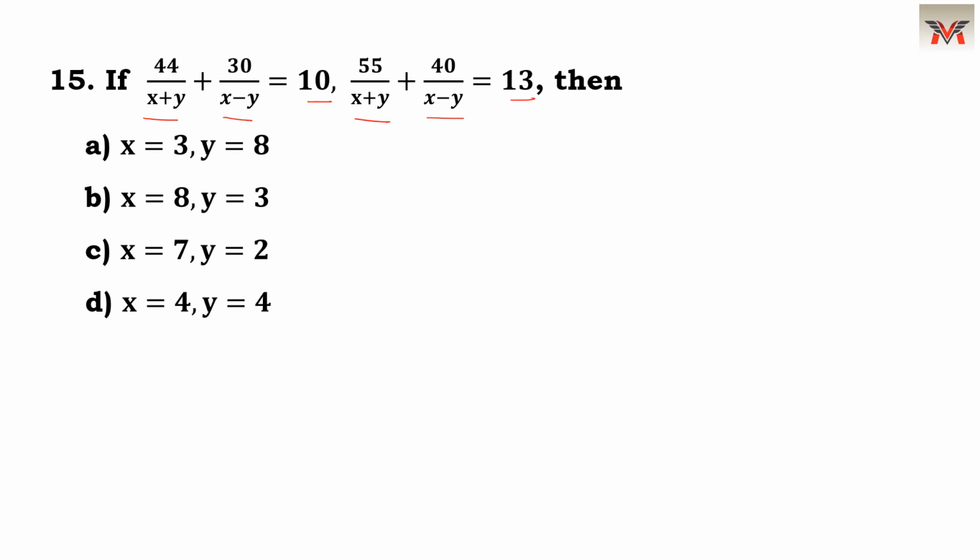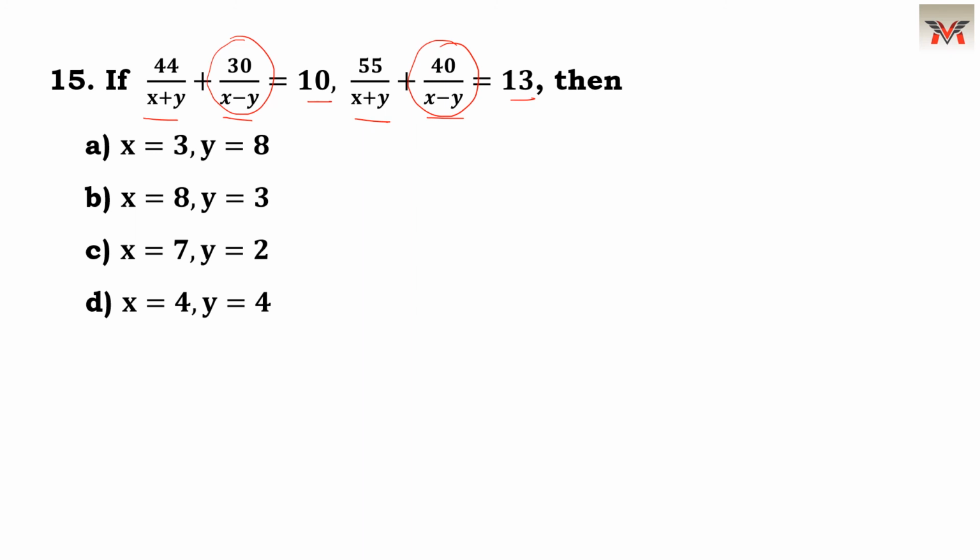Instead of solving the equations, we can just go with a trial and error method to find the answer. First thing you have to observe is the second value, that is this one. When I substitute x and y, the second value should not be negative here. Why?